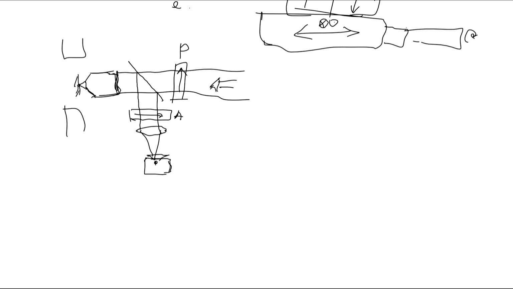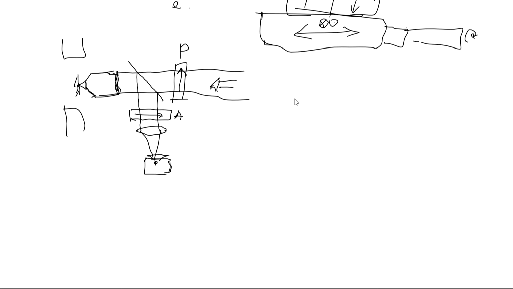Alright, so magneto-optics is a very powerful technique, and it allows imaging magnetic domains. Magnetic domains can be in various shapes, and by analyzing these domains we can make many conclusions about the magnetic material itself.